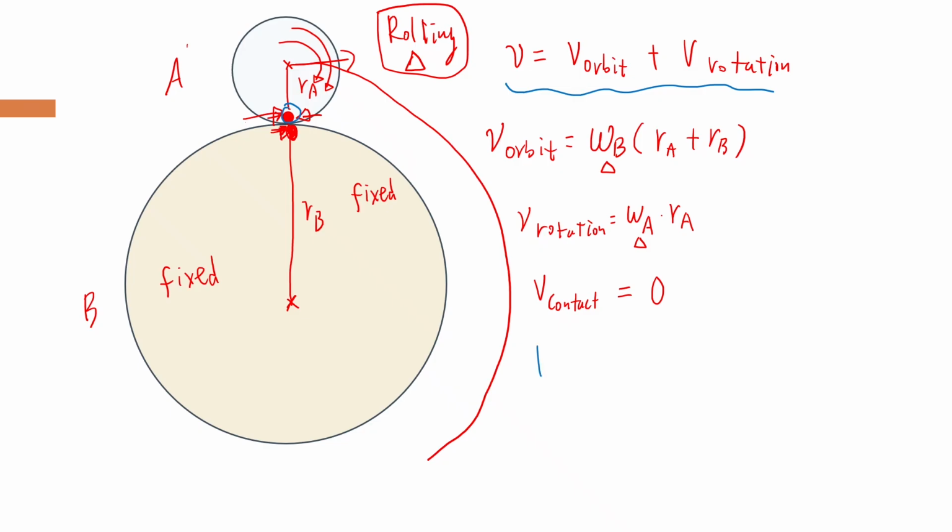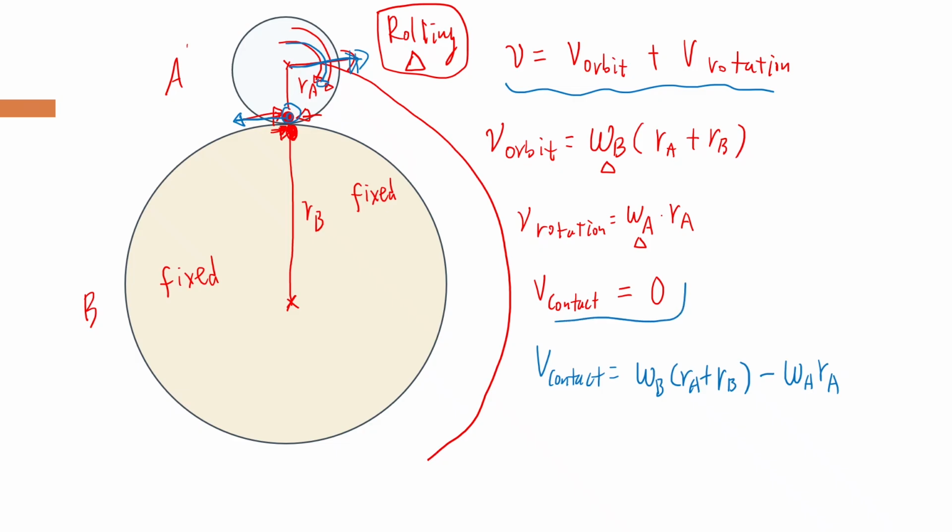The contact point velocity equals its orbiting velocity, which equals omega B times RA plus RB, and which goes to the right. But its rotating velocity for this contact point is going to the left, so we need to subtract omega A times RA.